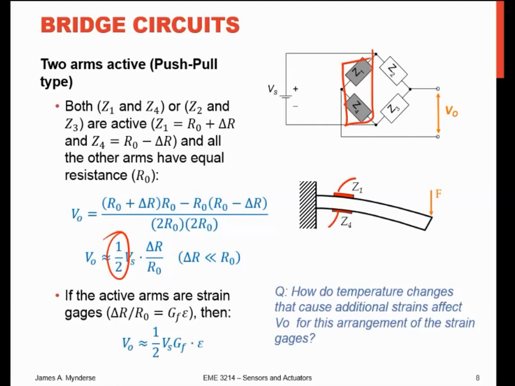And the other question is, how do temperature changes cause additional strains? Remember, we talked about these being sensitive to temperature, particularly when you use semiconductor devices. Well, if the temperature raises the impedance here and raises the impedance here, that pretty much cancels out.